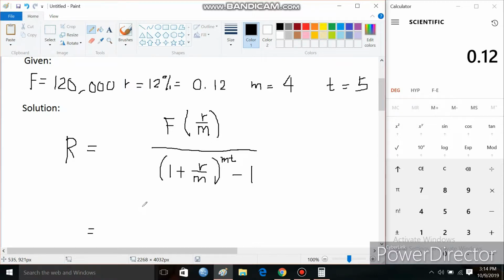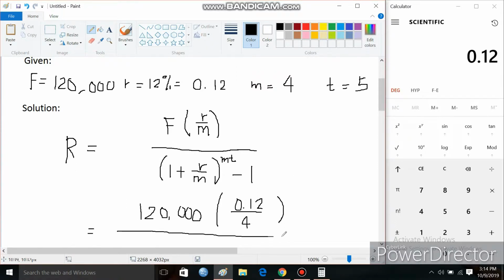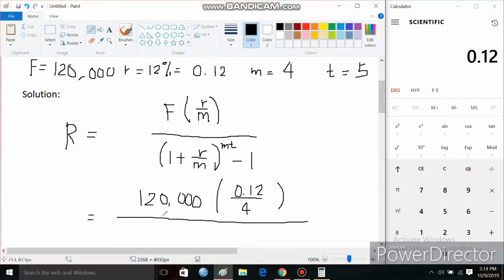So we have F is 120,000, times the rate 0.12, over M is 4, then all over the quantity 1 plus R over M, so we'll copy 0.12 over 4, raised to the power of M, which is 4, times the time, which is 5, then minus 1.